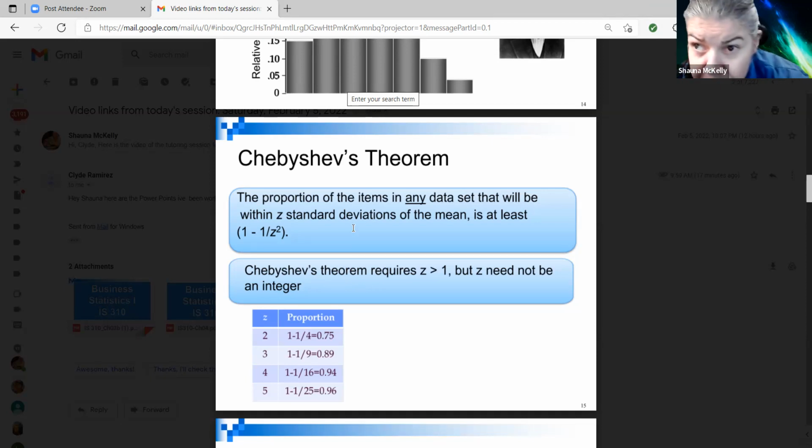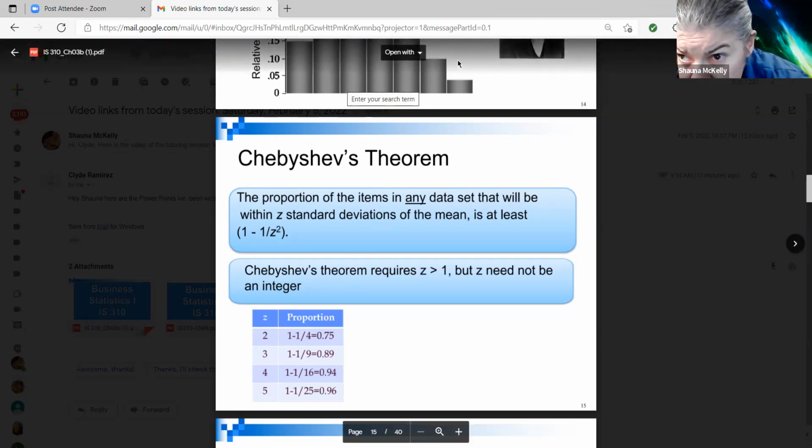So let me just show you that, because that's something that students struggle with. So remember the formula here. The formula is, I'm going to use equals. It's really greater than or equal to, but for our purposes here, I'm going to use equal for now.